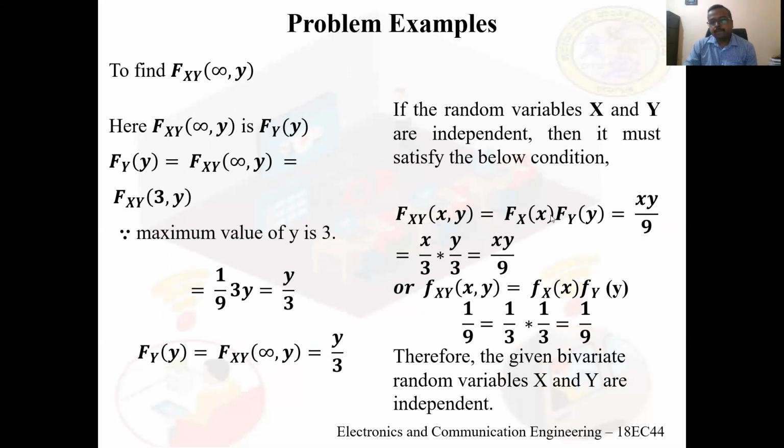And what is Fx of x? It is x by 3. And what is Fy of y? You get it as y by 3. So it is again equal to x multiplied by y divided by 9. So we know that Fxy of x comma y is equal to Fx of x multiplied by Fy of y. So we can say that these two random variables x and y are independent random variables.